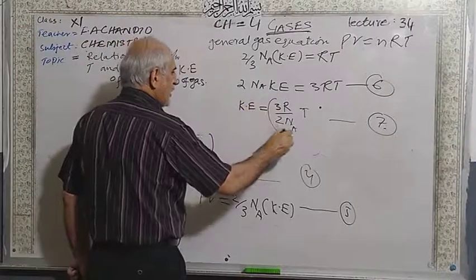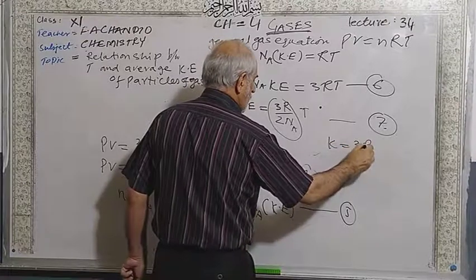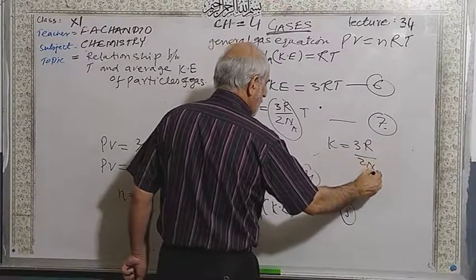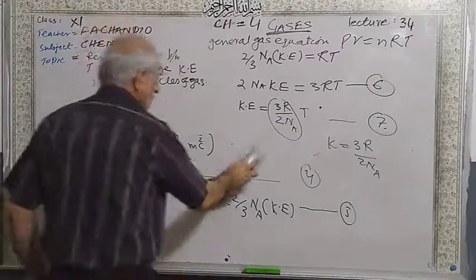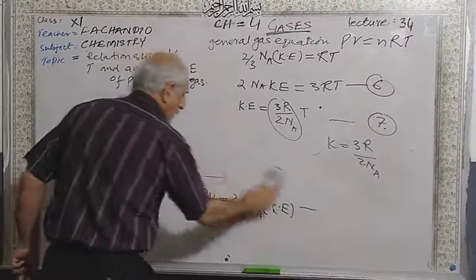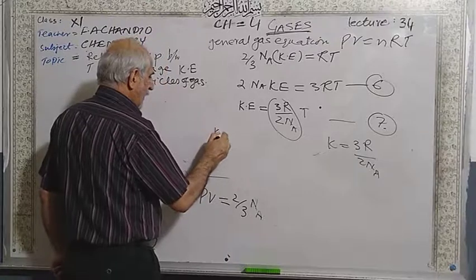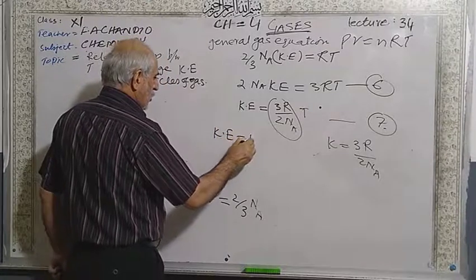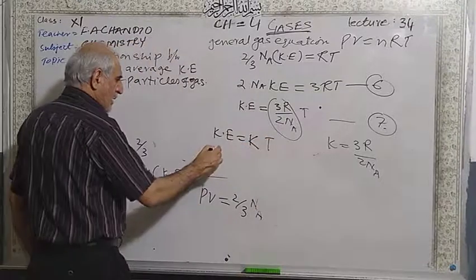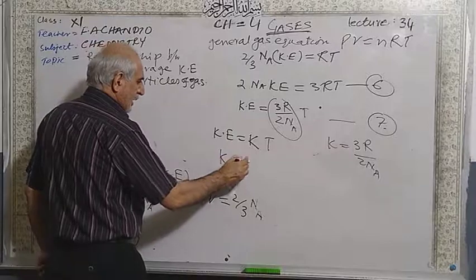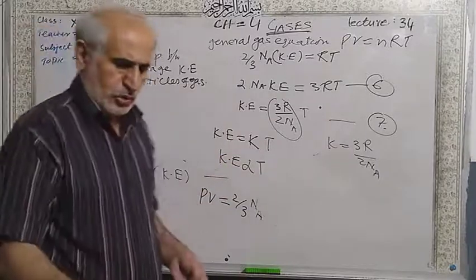Now these are constant K. Now if you rearrange this one, then kinetic energy is equal to KT. It means kinetic energy is directly proportional to the temperature.